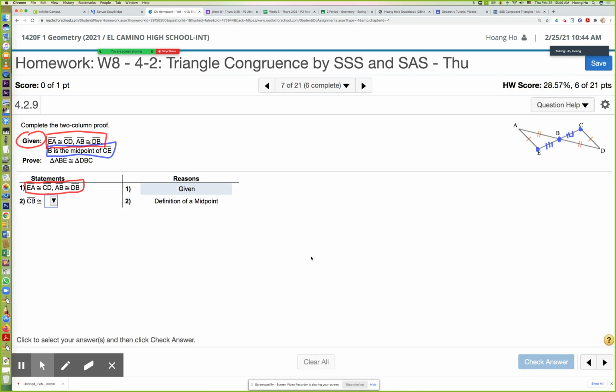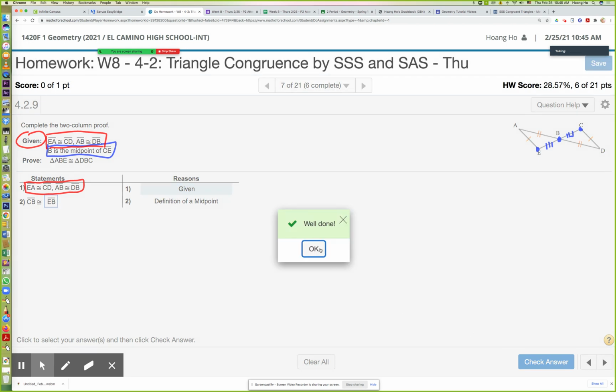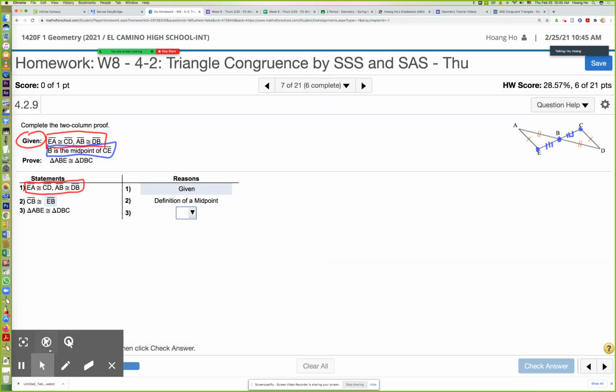Now let's talk about midpoint. CB should be congruent to EB. Let's see what the reason is. Definition of midpoint. Here we go. Now the two triangles should be congruent by side.